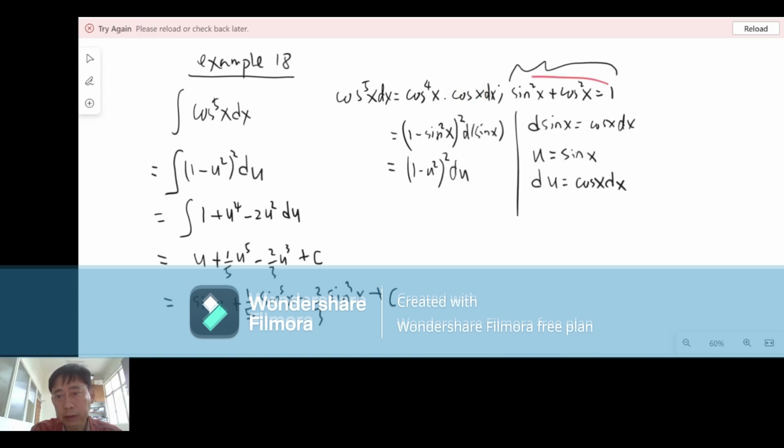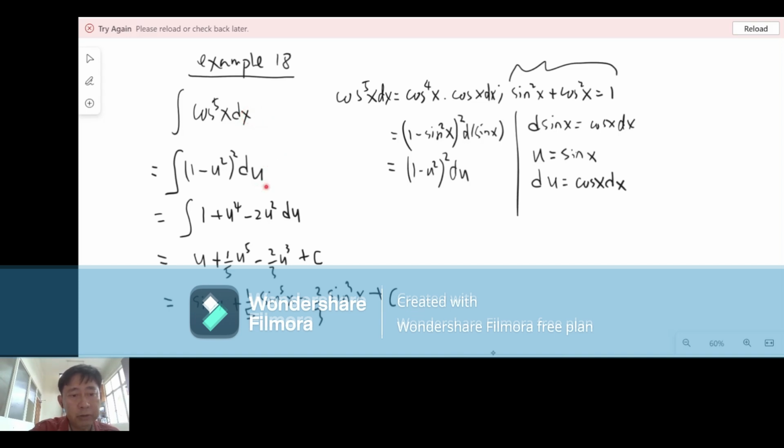Then we use the identity that relates the square of sine and the square of cosine to express the even power cos in the form of sine, whereas the product of cos x dx is expressed as a differential of sine. Then in terms of u equals sine x, the integrand together with the dx is expressed in terms of u, so that the integration with respect to x is now translated into integration with respect to u.